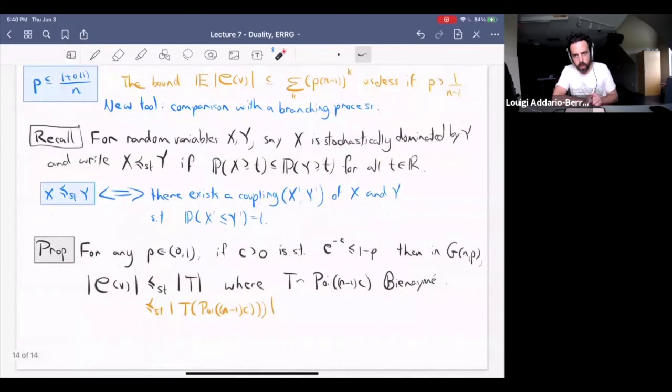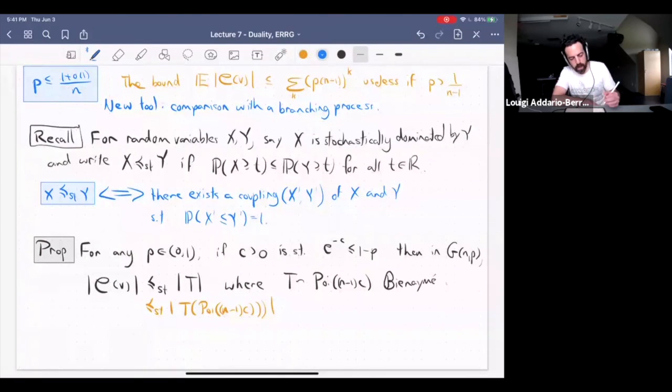And you can see why this might not be very useful. You want (n minus 1)c to be something not too big, right? So c should maybe be of order 1 over n, or else you have a branching process that has huge numbers of offspring.